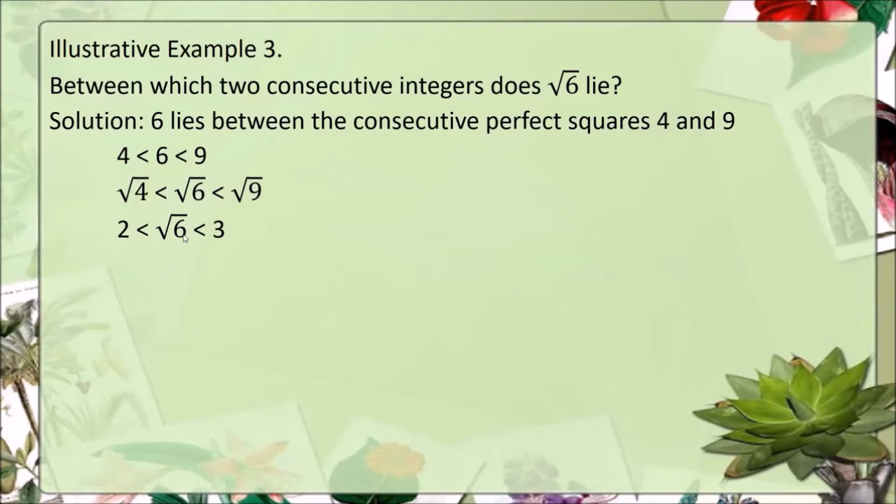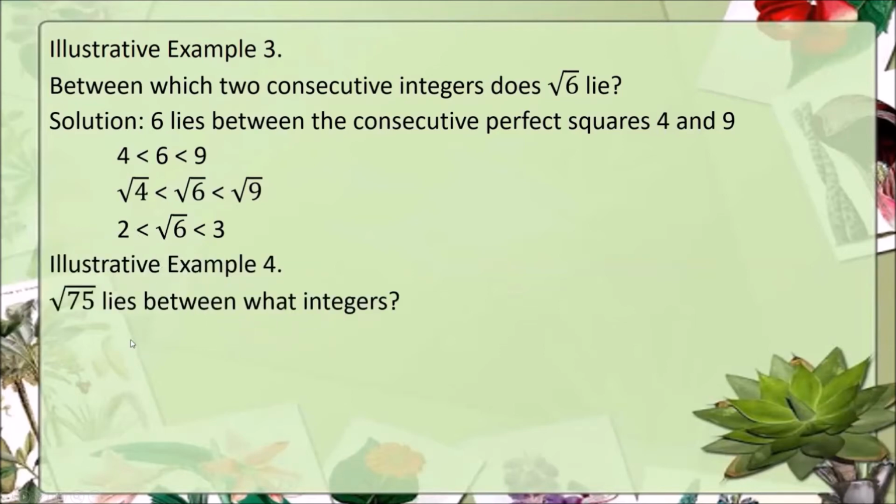We have no exact root for square root of 6, so bring down square root of 6, and it is less than square root of 9. And that is 3. 3 squared is equal to 3 times 3 equals 9. So, the two consecutive integers between which square root of 6 lies are 2 and 3.